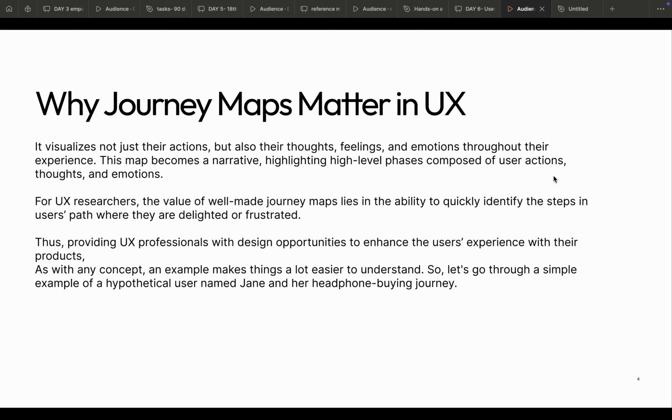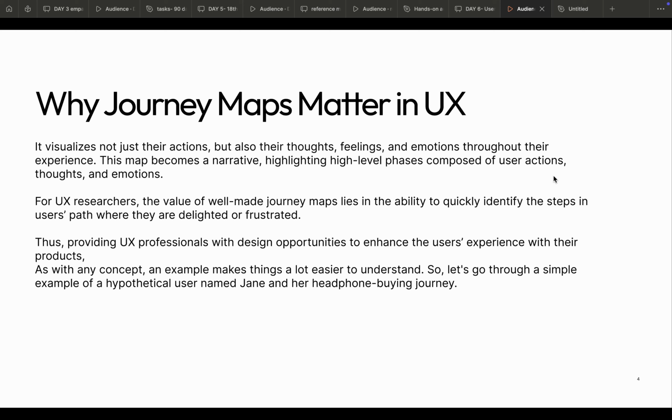And also UX researchers, right? First they will do UX research, and only after that will we do UX design, and then it passes to UI design. So in the initial stages, when the UX researchers are trying to identify the steps in the user journey map, they'll be able to figure out whether the users are happy or frustrated.